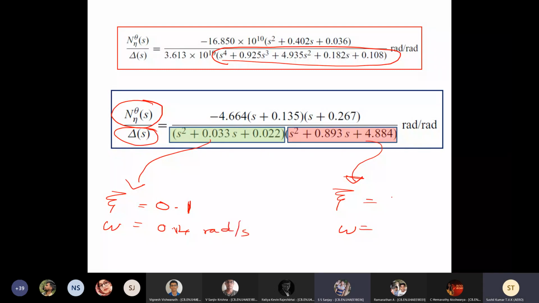And this one, the red one? I'm not sure whether your thing is correct. Anyway, let's see. Sir, omega is 2.21. Yeah, some 2 point something, radian per second. Okay. Damping ratio? Zeta is 0.2, sir.